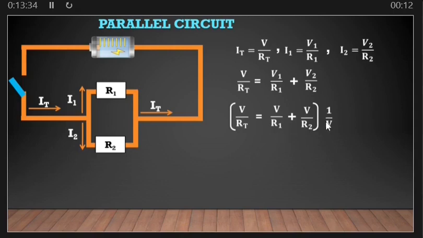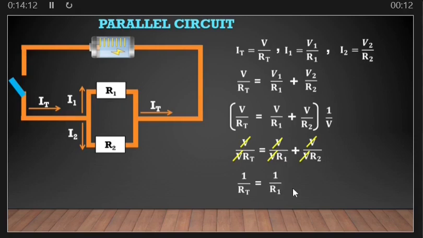So when we multiply, we'll have V over V RT equals V over V R1 plus V over V R2. Then we'll cancel out the V. So this V and this V will go, this one and this one will go, this one and this one will go. So we will remain with 1 over RT equals 1 over R1 plus 1 over R2.